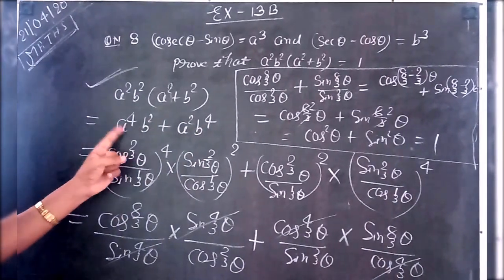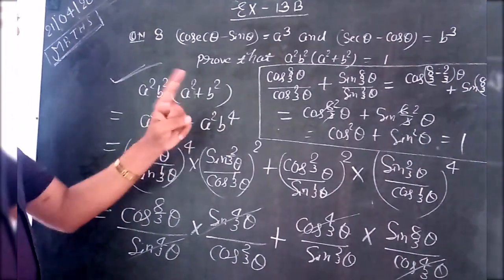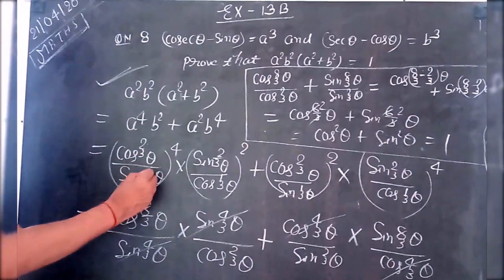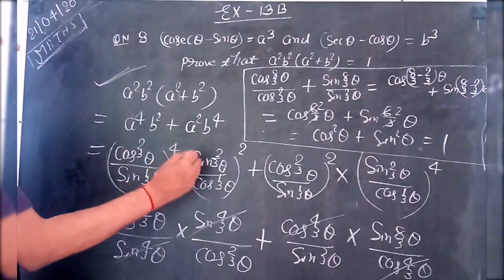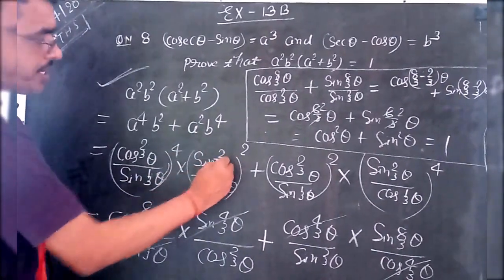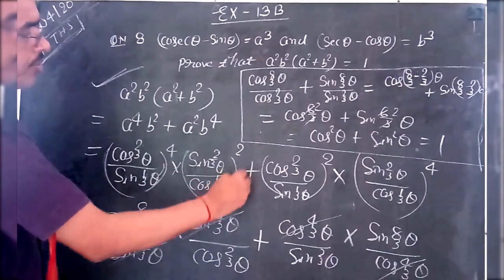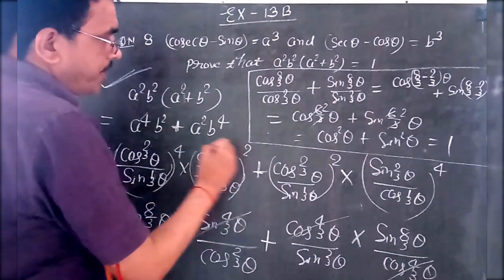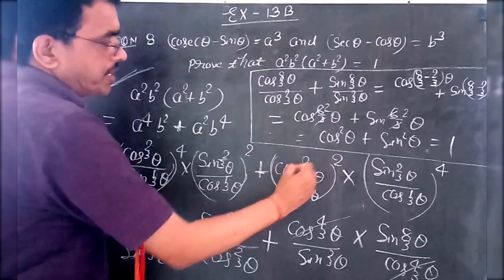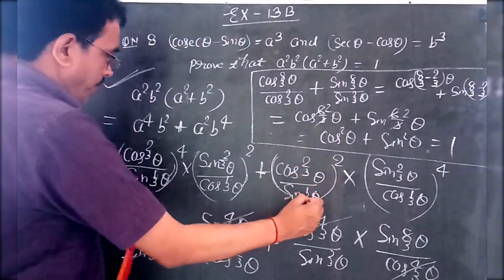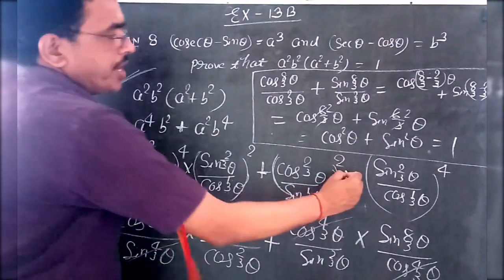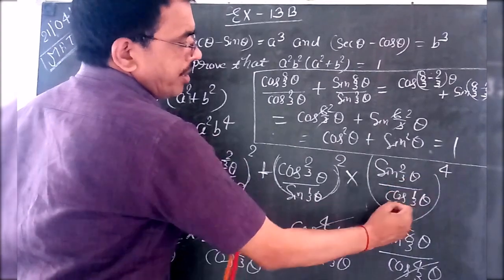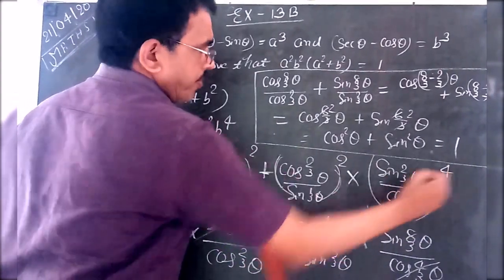Now substitute the values of a and b from the first and second equations. So the value of a is cos 2 by 3 theta by sin 1 by 3 theta, to the power 4, into sin 2 by 3 theta by cos 1 by 3 theta, to the power 2, because here is 2. Now plus, so I write here plus a square. The value of a is cos 2 by 3 theta by sin 1 by 3 theta, to the power 2, into b to the power 4. The value of b is sin 2 by 3 theta by cos 1 by 3 theta, to the power 4.